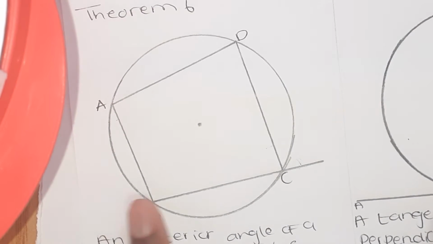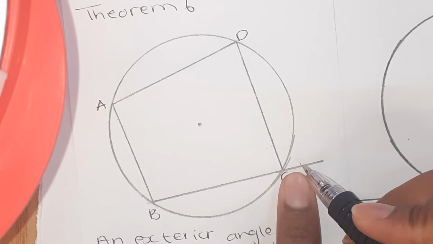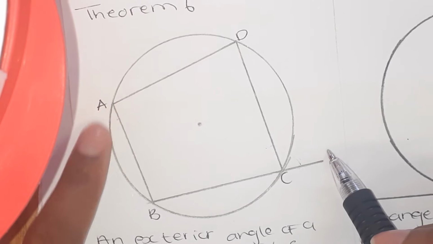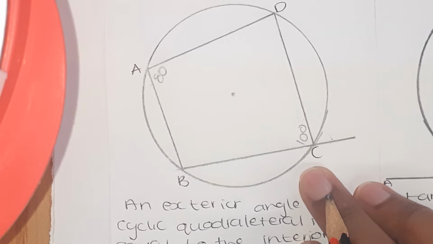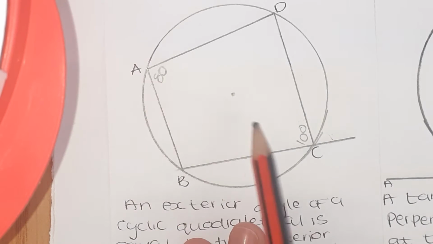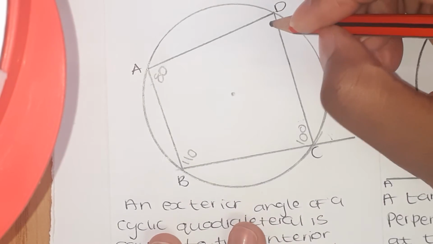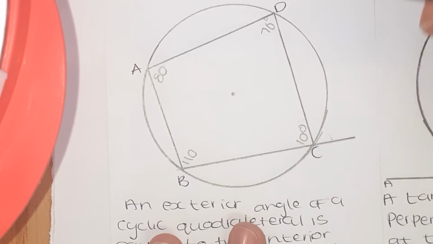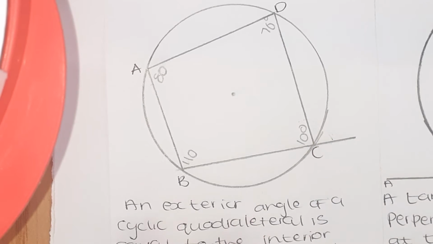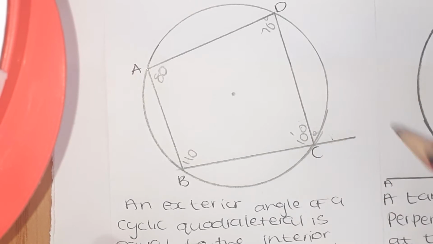So this is one of the things that you have to know, that when you have a complicated drawing, but we have an extension like that of this quadrilateral, then it's equal to the opposite interior one. All right, let's say you have this, it's 80, this one is 100, let's say this one is 110, and then this one is 70 degrees. You are looking for this, right? So maybe this is C1 and this is C2.